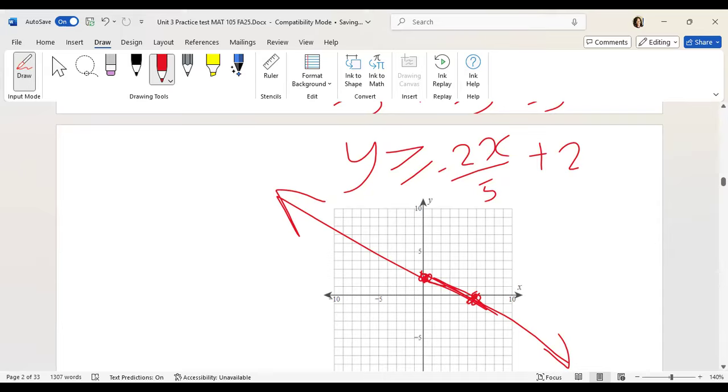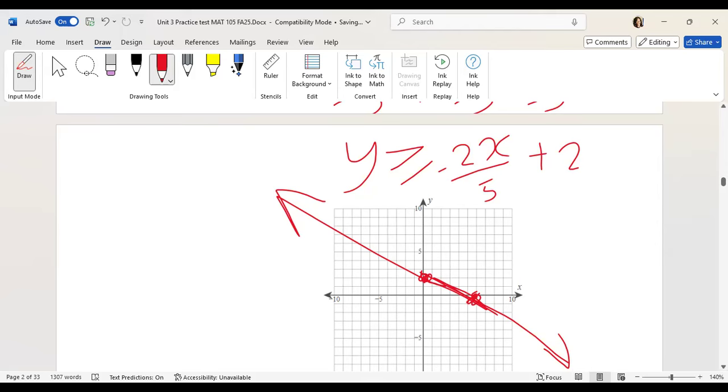I think the solid line's okay because it's a greater than or equal to. Great, that's good. The solid line is good because any point on the line is included.